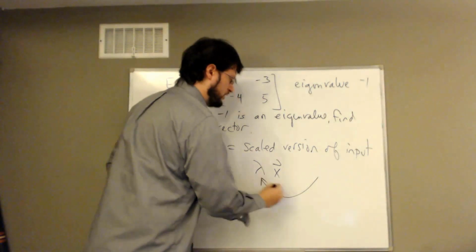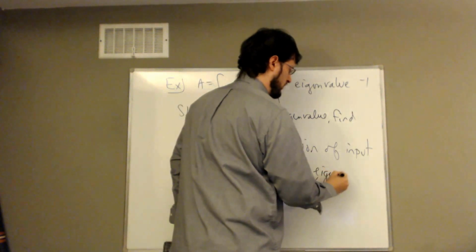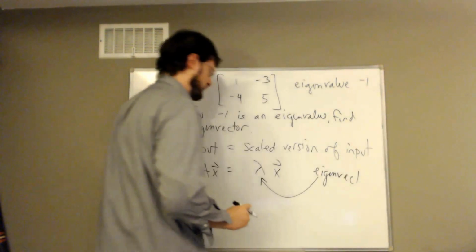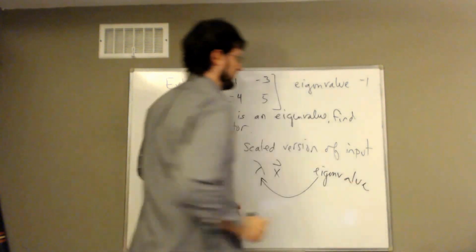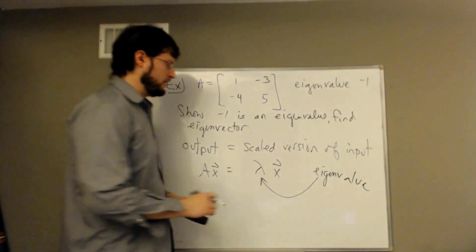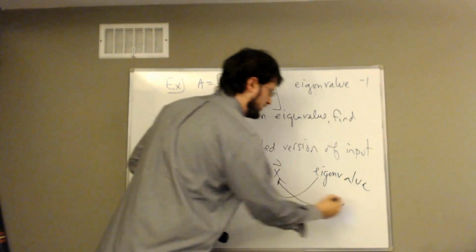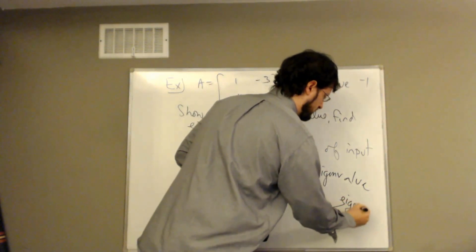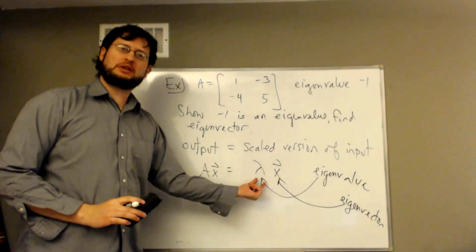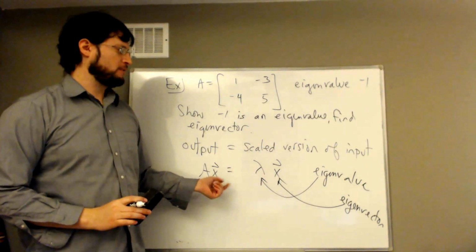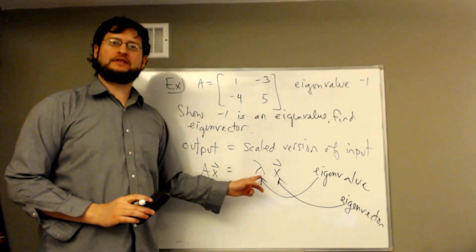So this lambda is our eigenvalue, the number. The scaling factor is the eigenvalue, and x is the eigenvector. So if we can figure out for what x we can find a lambda that makes this work, well, that's the eigenvector and the eigenvalue.